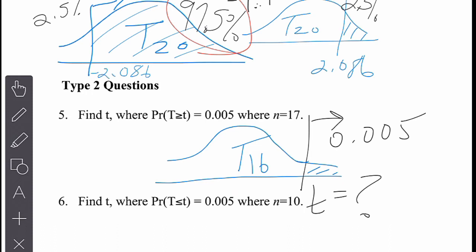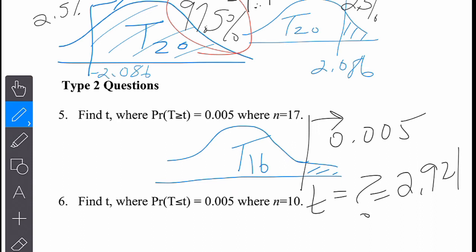Right, it was 0.005. So it is t of 2.921. Right, so almost 3 standard deviations from the mean of 0 is going to have a tail probability of 0.005 or 0.5%.